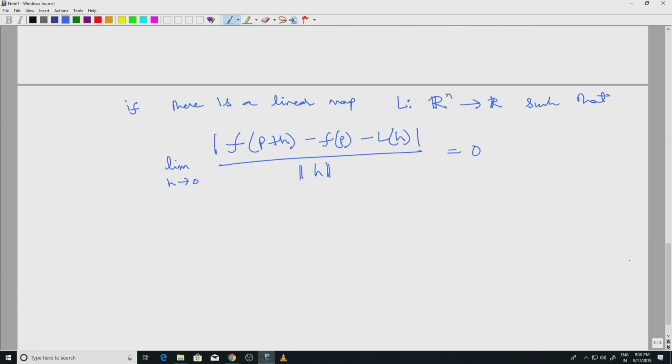Similarly here, if there is a linear map, we would like to call this linear map the derivative of f at p. The only thing is that it's not quite clear at this stage whether there's a unique linear map. In fact, that is true. It's a small proposition.